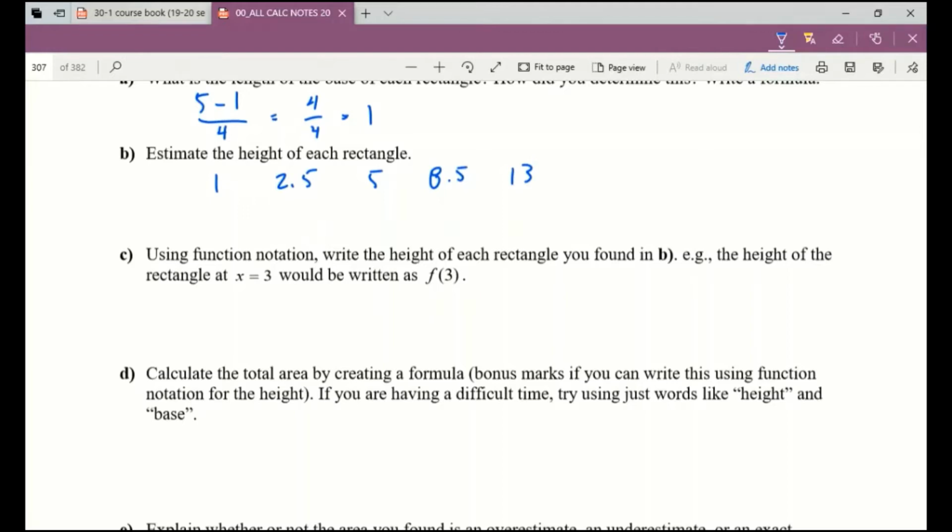To write each height in function notation, we would say f at 1 is 1, f at 2 is 2.5, f at 3 was 5, f at 4 was 8.5, and the last one, f at 5, which isn't really one of the rectangles, just ends up being the height of our right bound, 13.